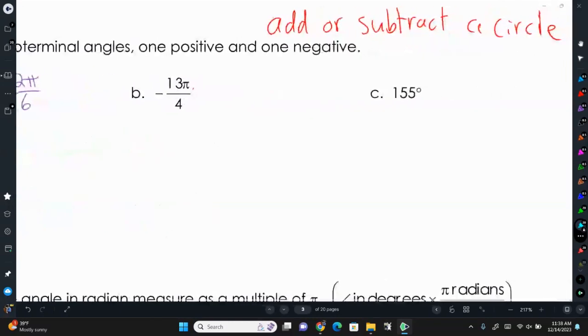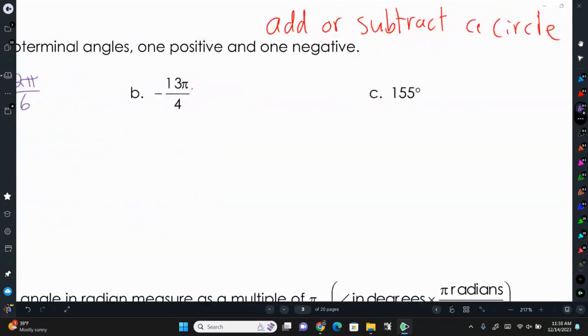Then letter B, we have negative 13 pi over 4. So we are going to have to add or subtract 2 pi, which is really 8 pi over 4. So then we'll start with negative 13 pi over 4 plus 8 pi over 4.